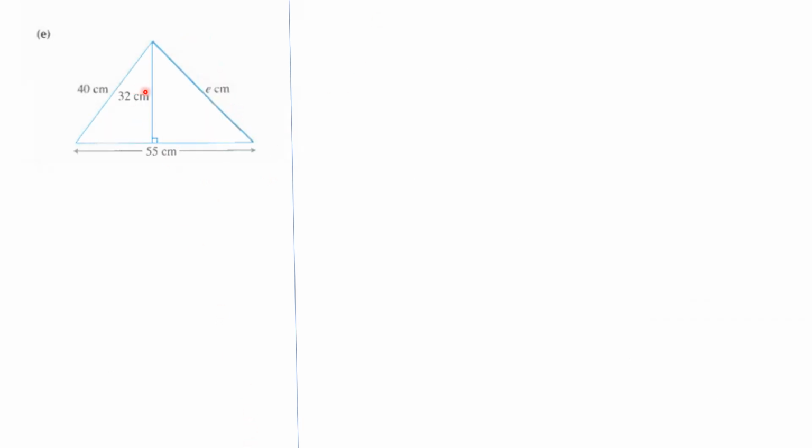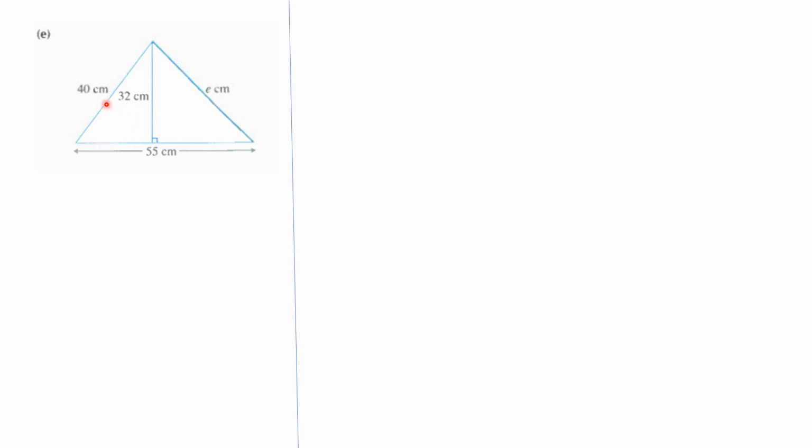Coming to the last question, again I have a question where I have been given known values for all the sides, but this one is causing a confusion, because we don't know how much it counts for this triangle and how much it is included in this triangle.